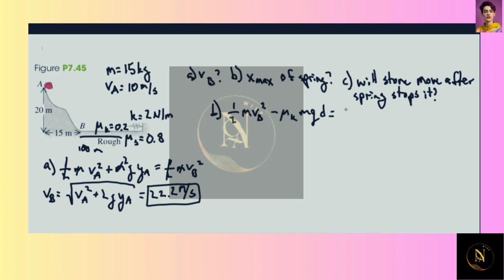And then this is going to be equal to, because it will come to a stop, the only energy is going to be potential energy that's elastic and that is stored in the spring. So 1/2 k x max squared.